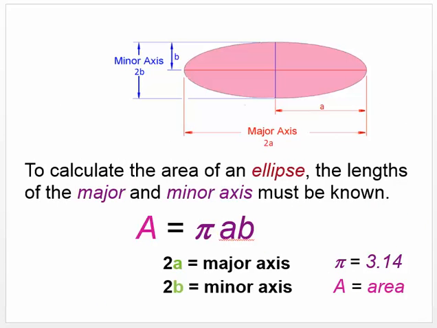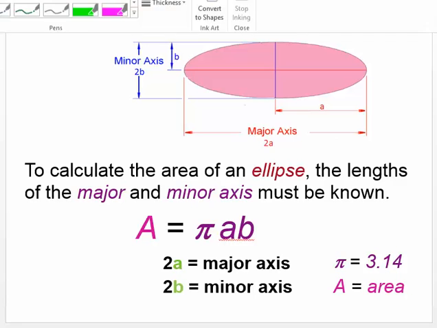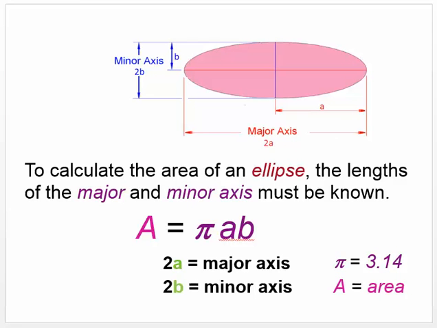It's important to be able to identify those because to calculate the area of an ellipse, the lengths of the major and minor axis must be known. For our minor axis, we define the distance from the center to the skinny end as b. So the minor axis is 2 of these, hence it's 2b.